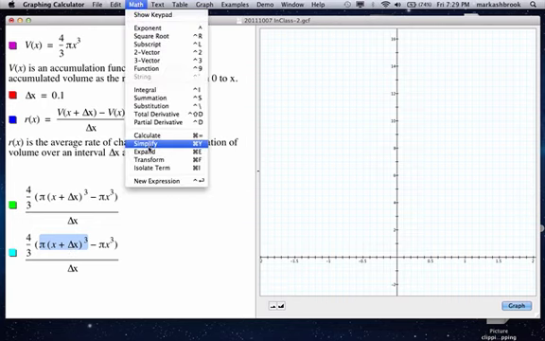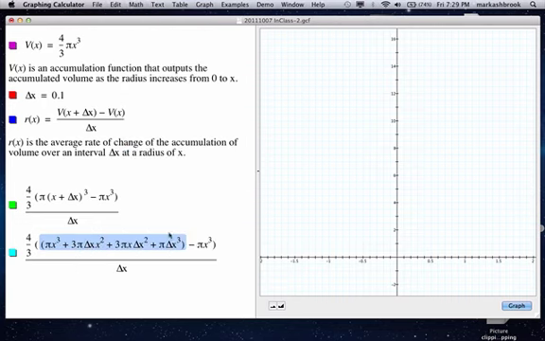I'm going to expand, and now it just multiplied out, it cubed that binomial x plus delta x. Okay, so now we notice that we have a plus pi x cubed here and a minus pi x cubed here, and those would subtract to 0. Well, let's let Graphing Calculator do that for us. So I'm just going to do that. I'm going to copy and paste again.